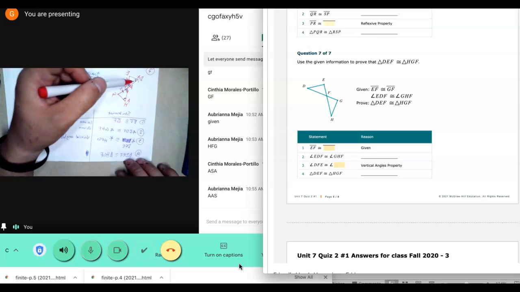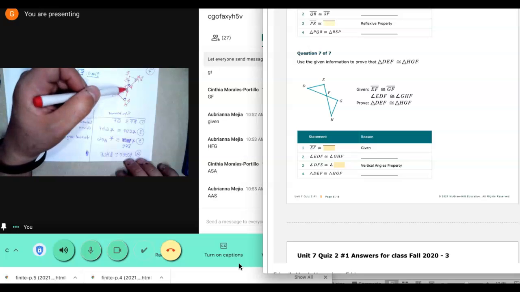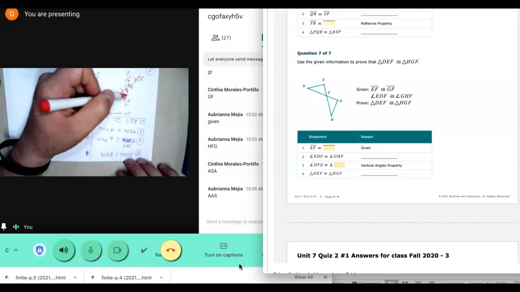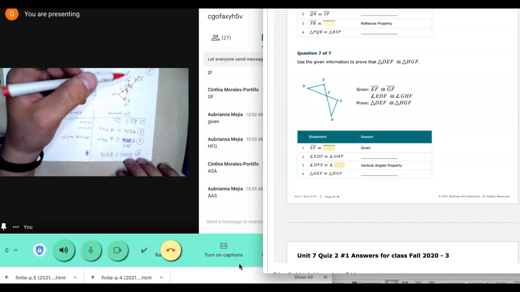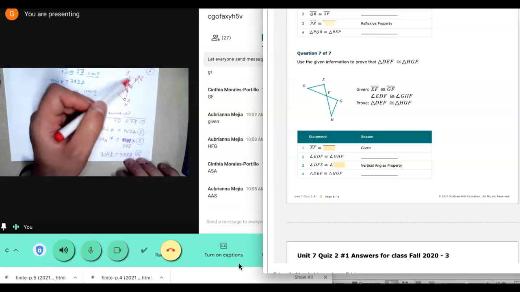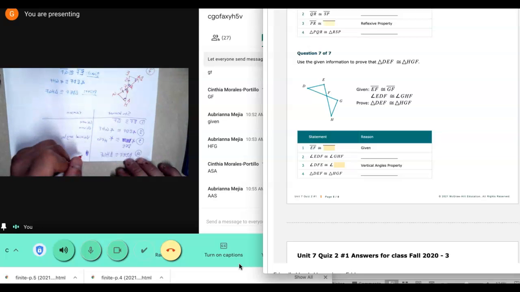It's angle angle side because the side is non-included between the 2 angles. If it was angle side angle, it would have to be the side that's included, this side between the 2 angles. Since it's not between the 2 angles, it does have to be angle angle side.